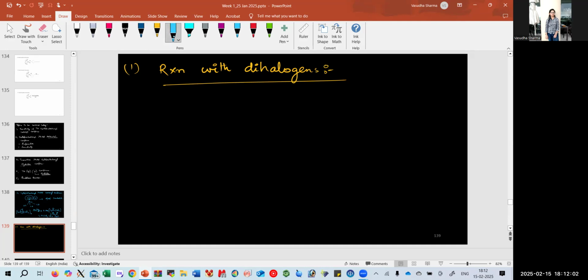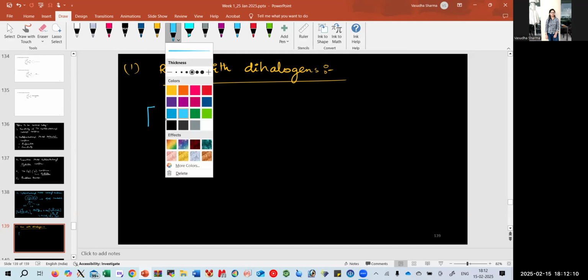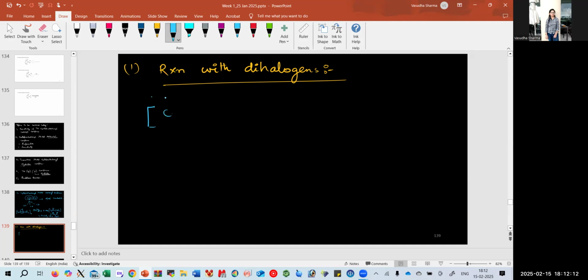What we meant is we have a similar complex, CpFe(CO)2 dimer, and it is now being reacted with X2. X could be your bromine, your iodine.